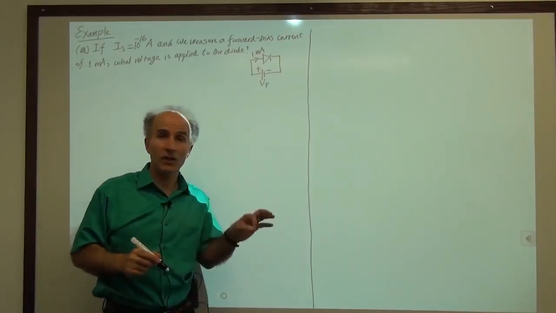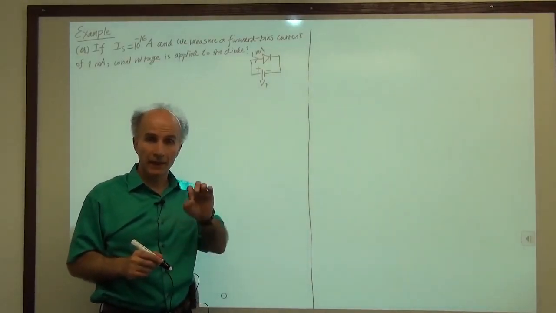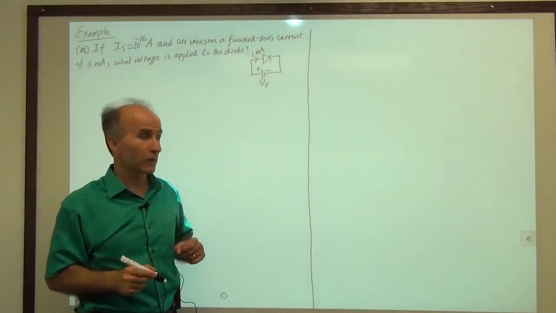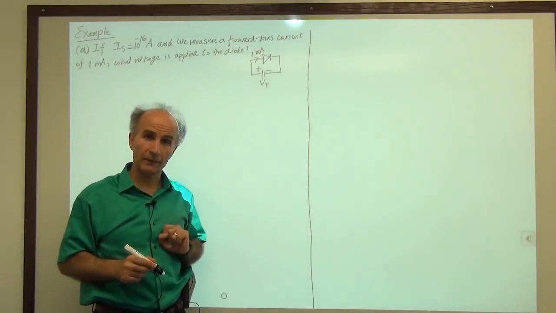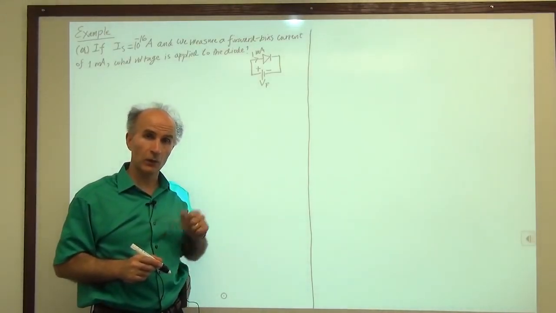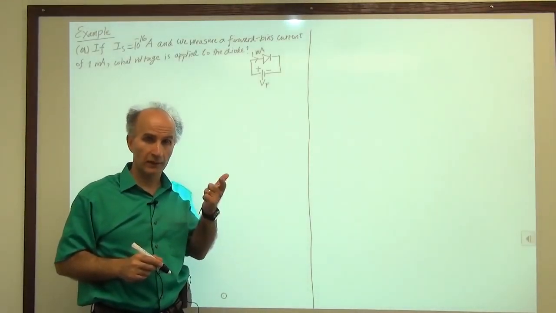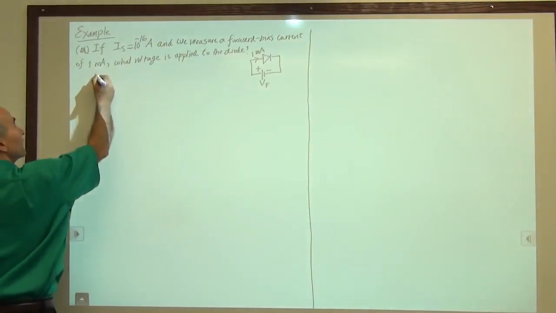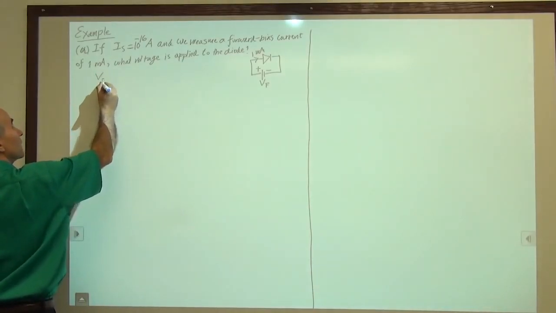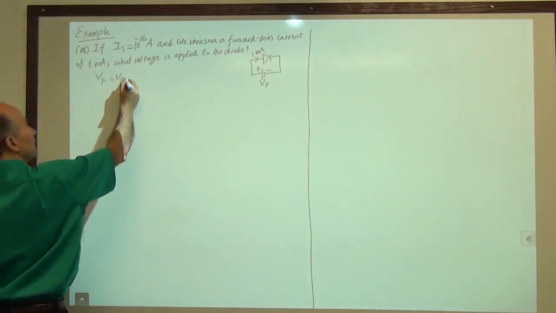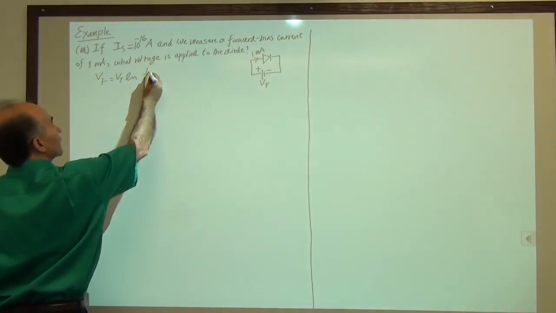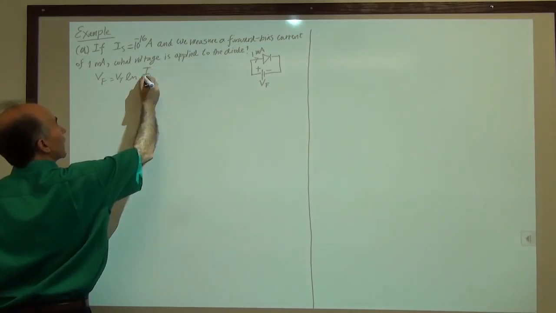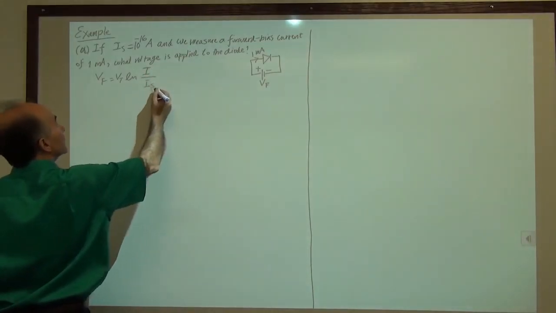And then I looked in the data sheet of the diode, and the data sheet said IS is 10 to the minus 16 amperes. So now I'm curious to see how much voltage I have applied. Okay, so we know the current, we know IS, we need the voltage. Remember the quiz? So what we do know is VF, the forward bias voltage, is equal to VT log of ID, or I, divided by IS.